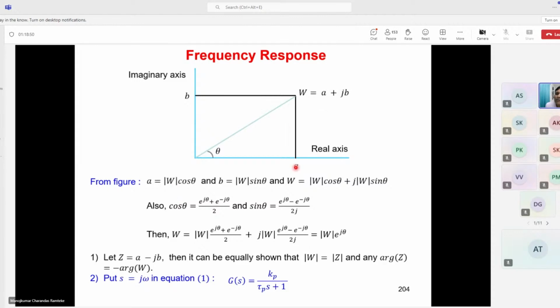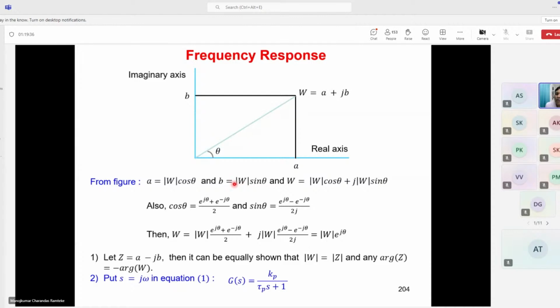Remember, the length of this point from the origin is the magnitude, which is the mod of W. So this length is going to give me the modulus W. So A will be modulus W into cos theta, where theta is the angle with the real axis. Correct? Do you all agree? Yes, sir. Similarly, what will be B? B will be nothing but modulus of W into sine theta.